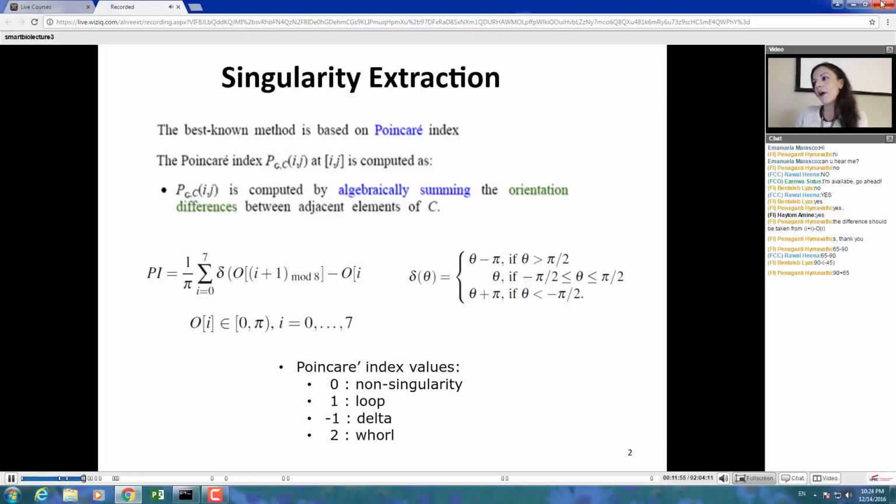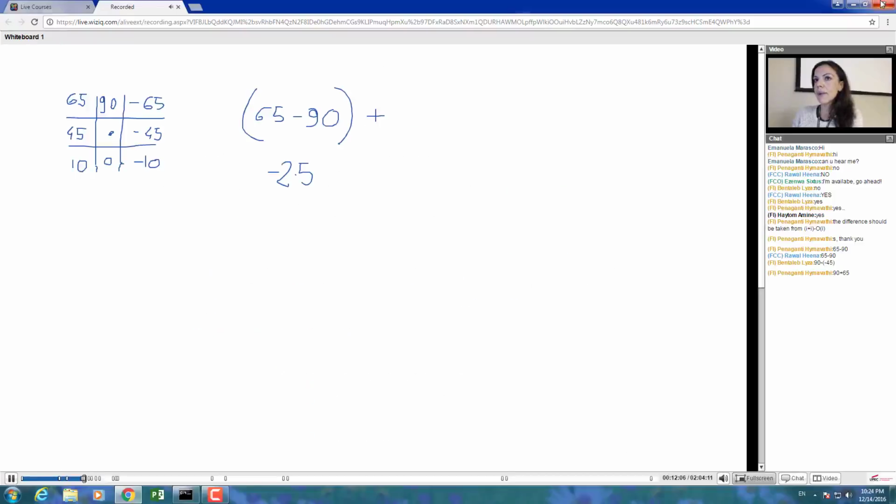So we can exactly sum theta, right? So the minus 25 will be the element that we sum at the end in the Poincaré index. Minus 25. And then difference number 2.